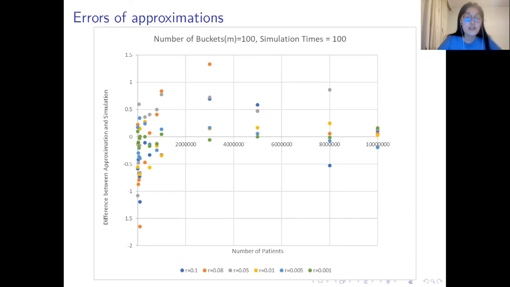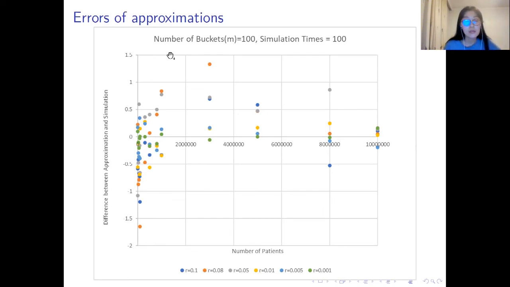In each simulation, I first generate a bunch of random numbers between 0 and 1 to represent the hash value of a patient's ID. I didn't use any real medical data here, I just used the random generation function. I followed the HyperLogLog algorithm and counted the number of non-10-anonymous buckets and compared this number with our approximation.